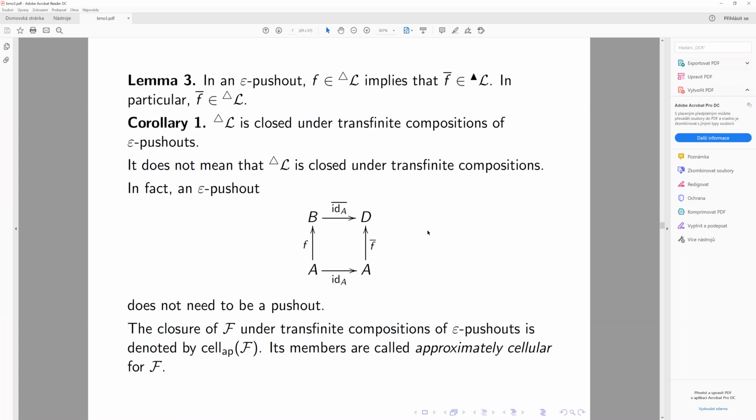So one needs an analogue of the fact that an object is lambda small, and this is approximate lambda smallness. So what does it mean?